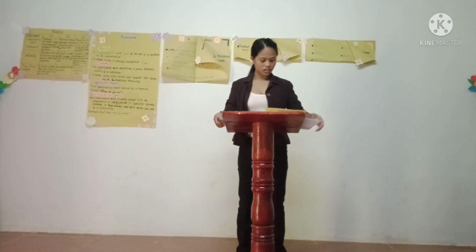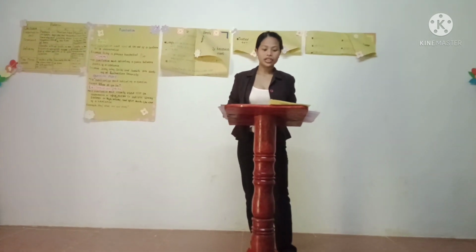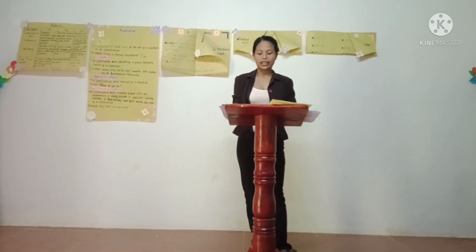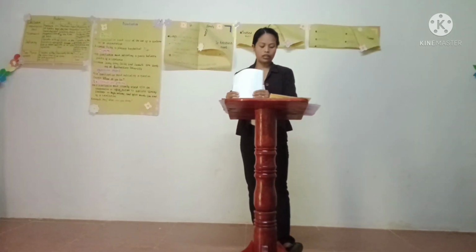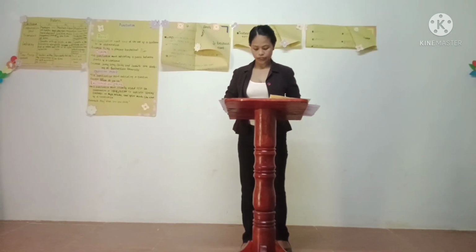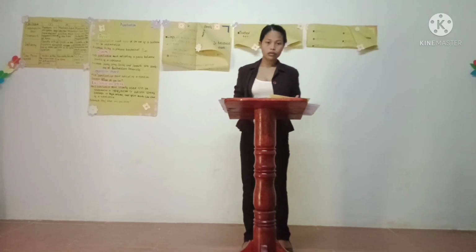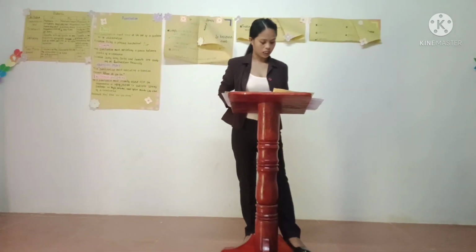For the instructions, first read and understand the story entitled The Golden Ghost. Then list down the familiar words that you found in the story. Then look for their definitions.